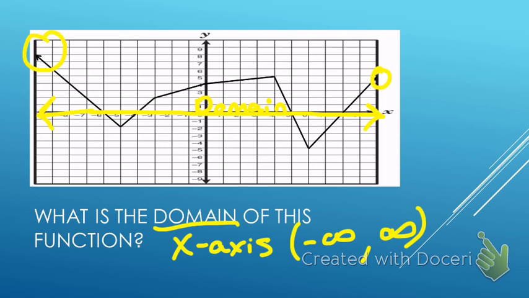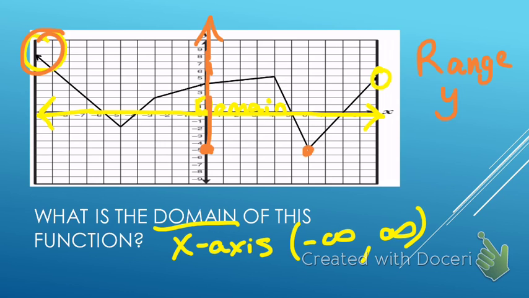Now range, we said range was the y-axis. I can see that the absolute lowest it gets is negative 5 here. And then the graph is all going up, and it appears like it almost stops at 8, but it's got an arrow.